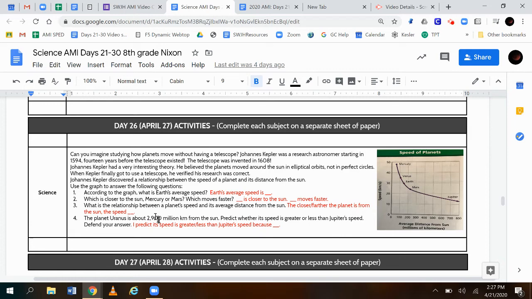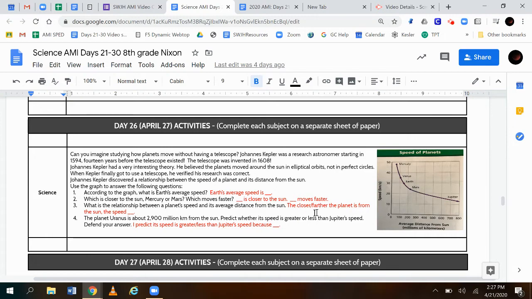Let's look at number 3. What is the relationship between a planet's speed and its average distance from the sun? Now, this one might be a little difficult to answer because it says relationship. And in those cases, if you look at the sentence frames, they're there to help you. And that can kind of give you an idea of what the question's looking for.